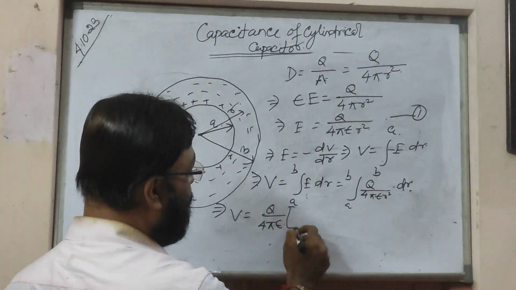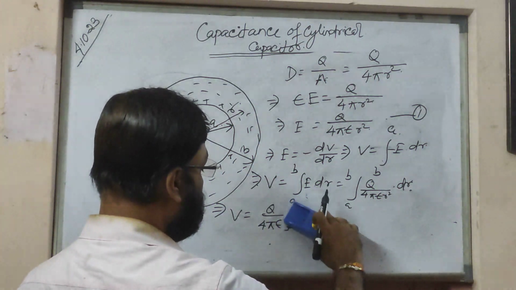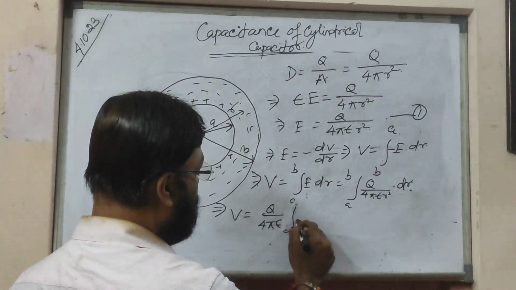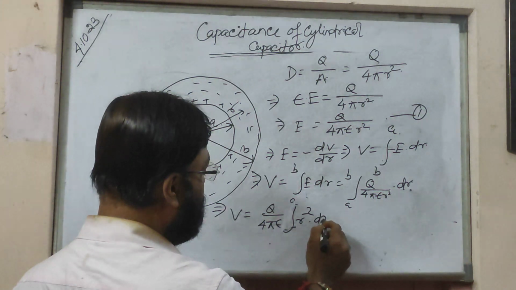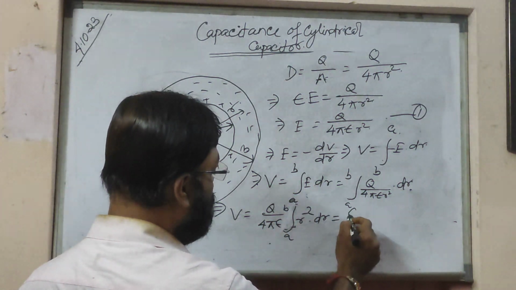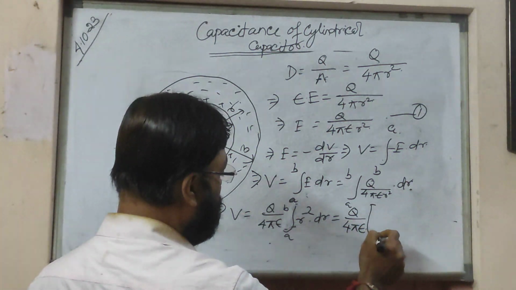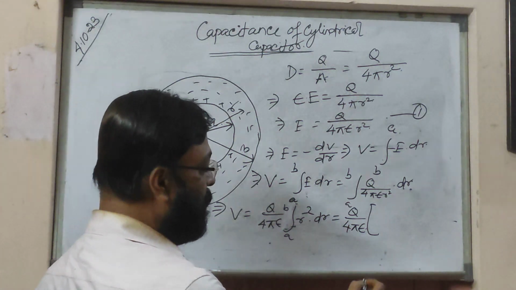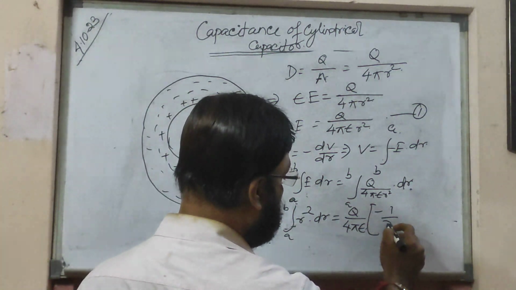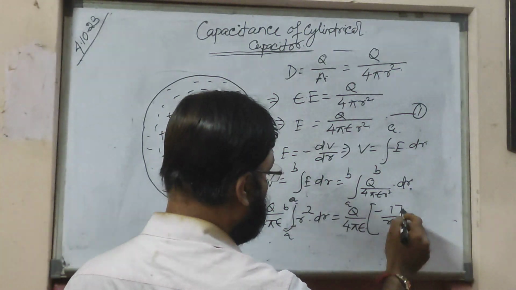So it will be integration of r to the power minus 2 dr, A to B. So it will be Q by 4 pi epsilon, it will be r to the power minus 1 by minus 1, it will be minus 1 by r. Now put the limit, it will be from A to B.